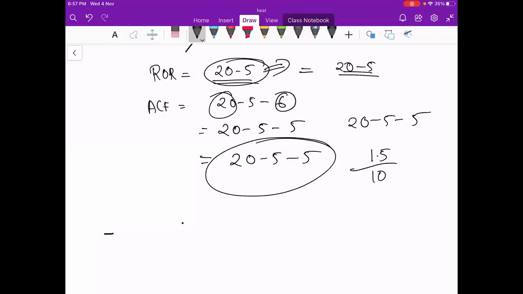A student asks which term to subtract in the numerator for ROR if it is given to calculate after paying tax.